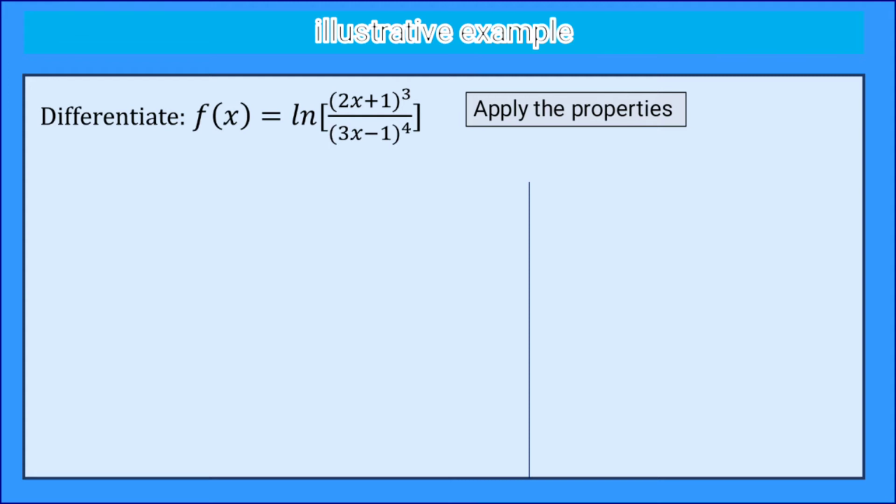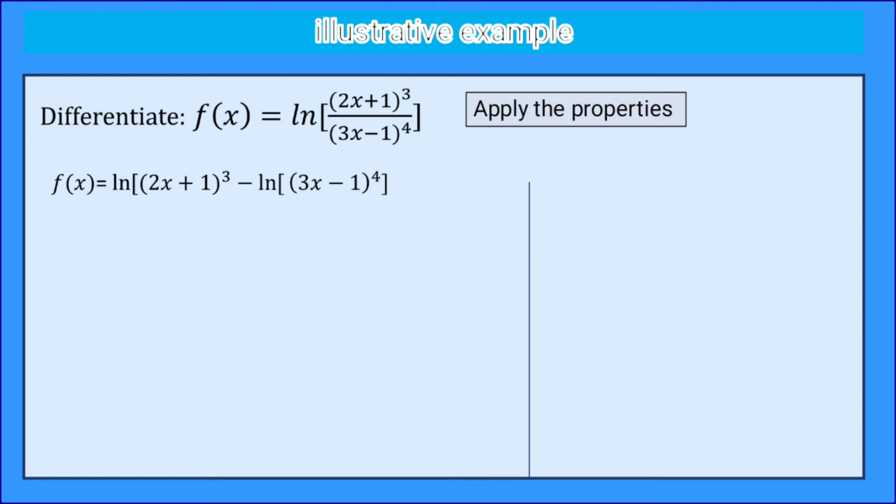Since we have the quotient inside a logarithm, we can transform this into the difference of logarithms. So we have f of x is equal to ln of 2x plus 1 cubed minus ln of 3x minus 1 to the fourth power.